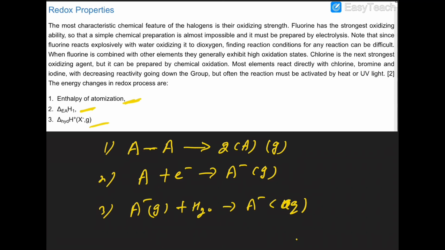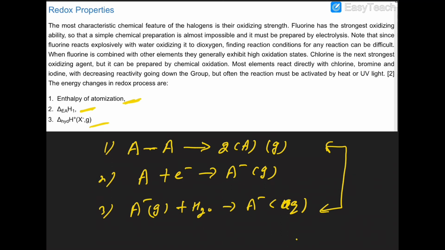So the combination of these three factors will determine the oxidizing behavior, or the redox or EMF value, of the various ions. First step is what? Enthalpy of atomization, where you have to break the bond and individual atoms have to be formed. Second will be the electron gain enthalpy values.